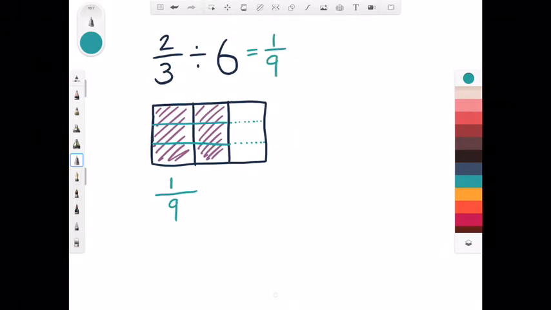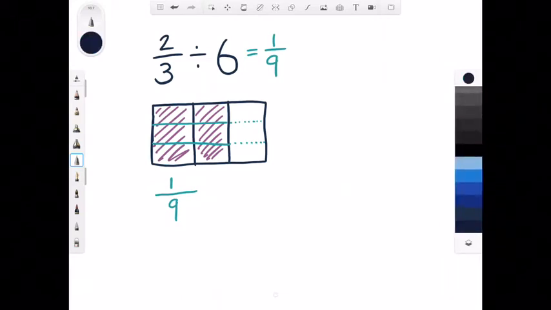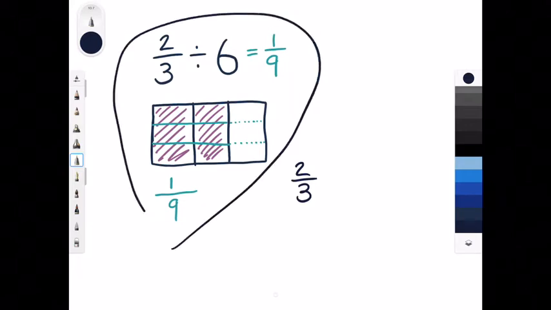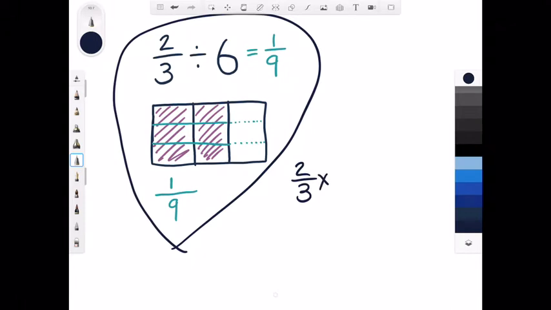Okay, now there is another way to look at it. Let's say we have 2/3. This is the shortcut way. I want you to remember, though, how to do it the visual way because you need to be able to visualize it. But for the shortcut way, you do 2/3, and you multiply by the reciprocal of the divisor.